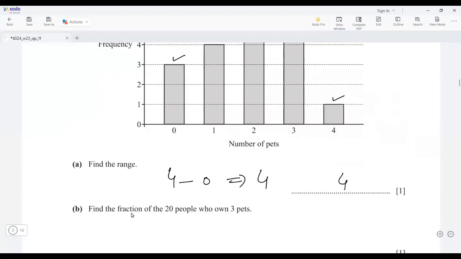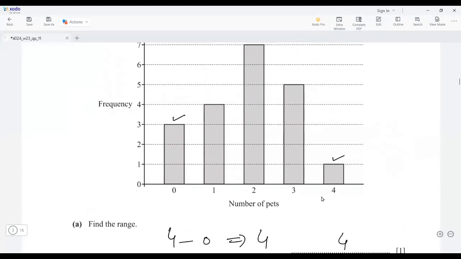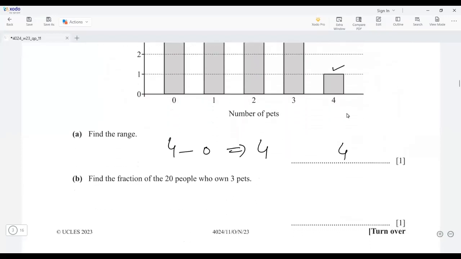The next one is we have to find the fraction of the 20 people who own 3 pets. First of all, look at the frequency, the number of people who own 3 pets. That is 5. So 5 is the frequency for the people who own 3 pets. Out of 20, it means that we have to divide by 20 in order to get the fraction.